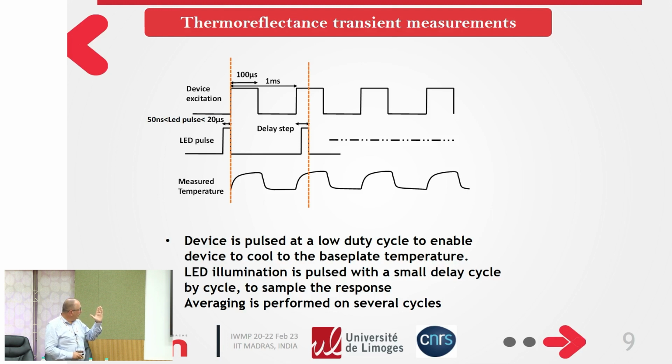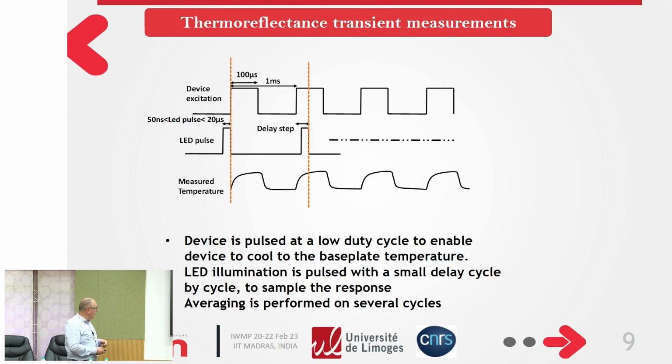We apply a delay to move the measurement from the beginning to the end of the electrical pulse. So with this, we can acquire the temperature during all the excitation.